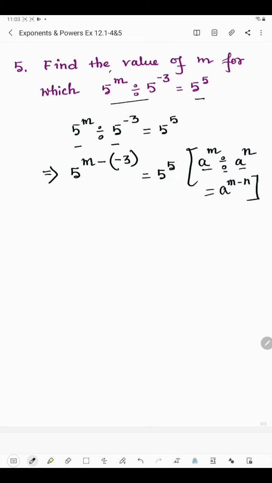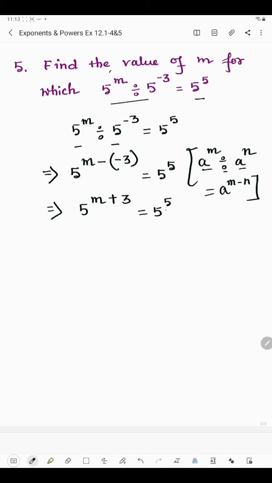So it's 5 to the power m minus n is equal to 5 raised to the power 5. Now 5 to the power m, minus into minus will become plus 3, is equal to 5 raised to the power 5.